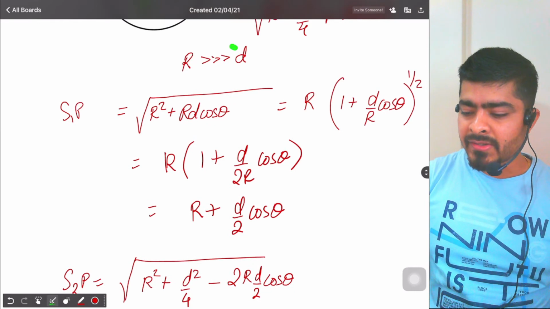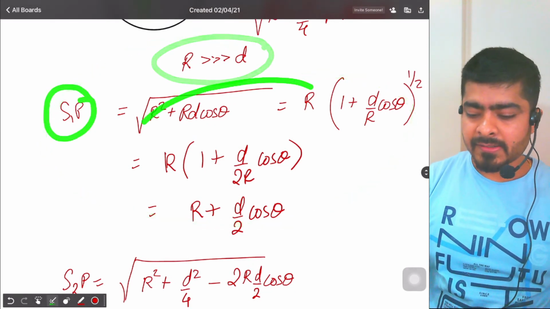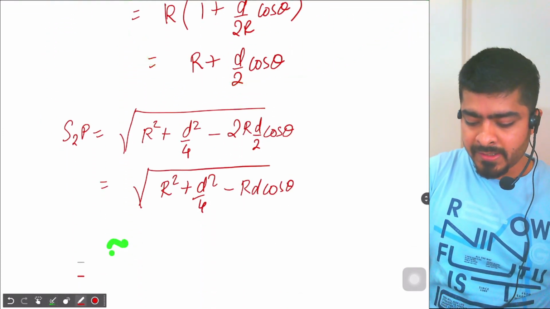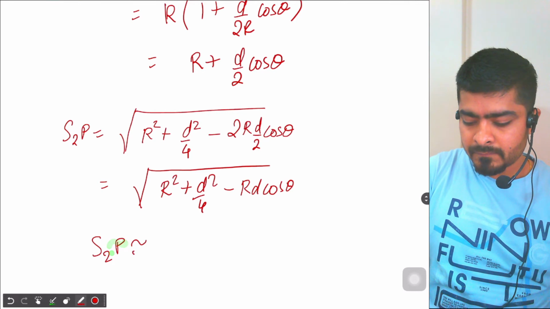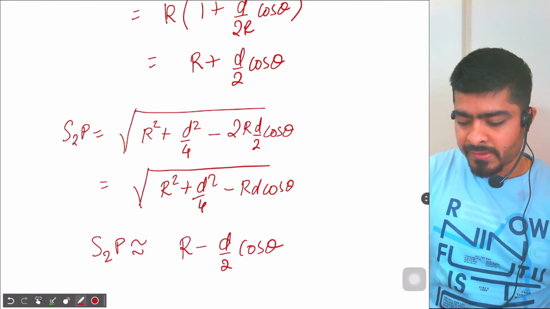And again, if I take r much greater than small d, then similar to this whole process, I will get S2P to be approximately equal to r minus d by 2 cos theta.